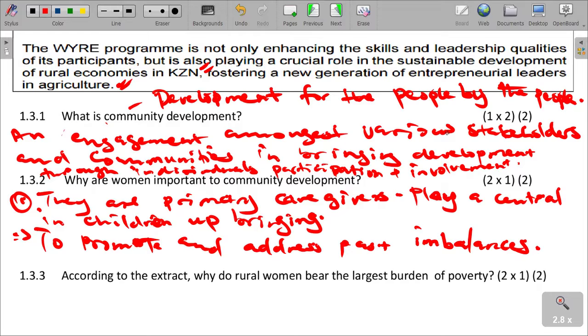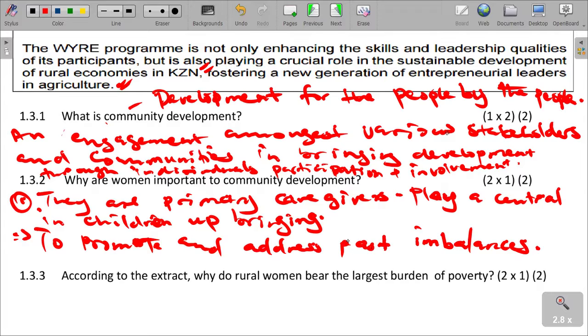Since they were once marginalized, they are very important for the government to promote and address past imbalances. So this has to do with corrections of things which were done wrong previously.